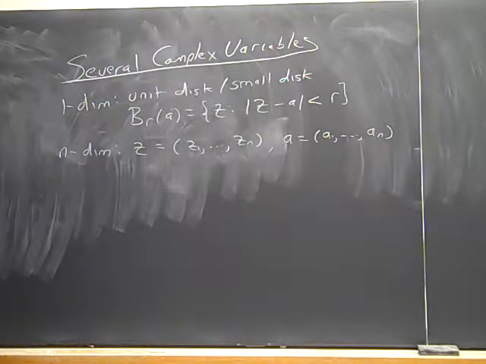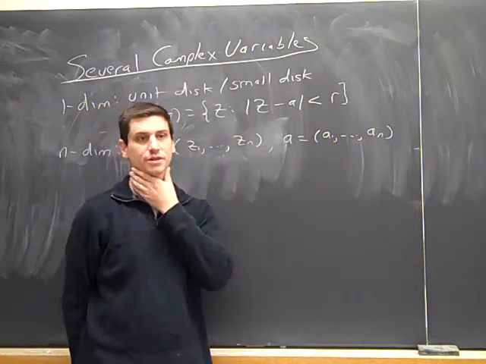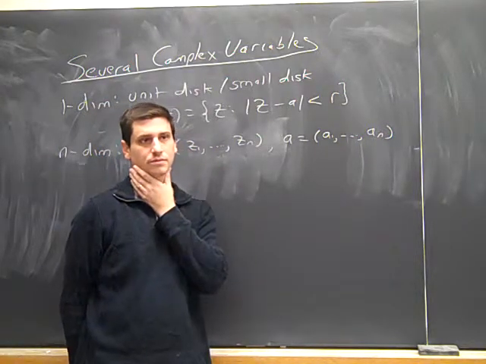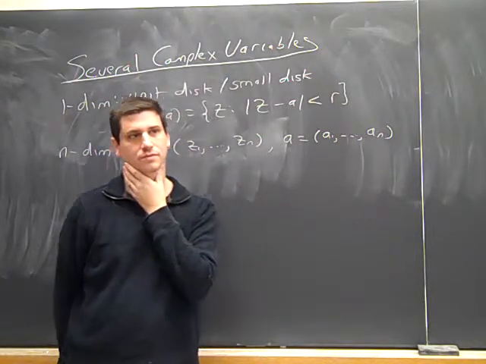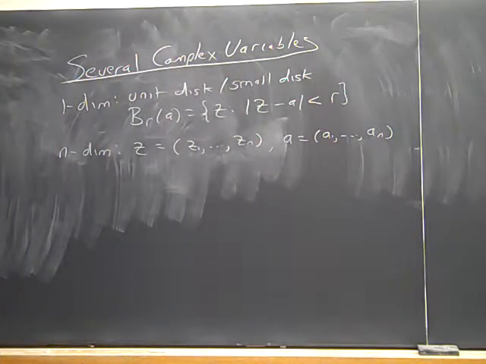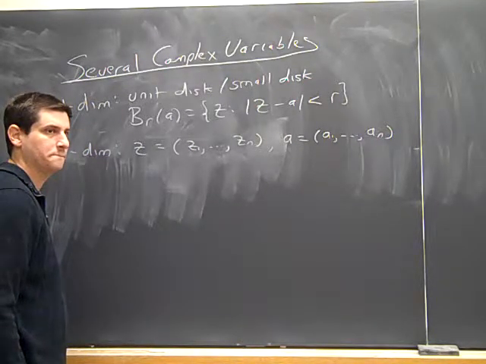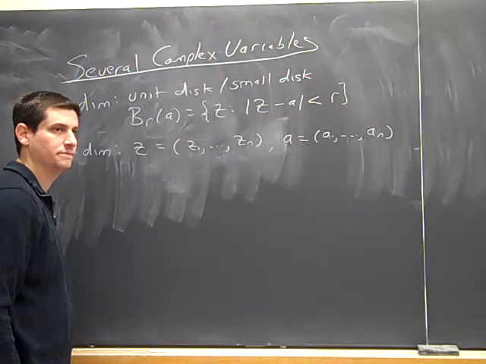So one possibility would be the sphere. How would I define the sphere? The absolute value of all the complex variables either added or multiplied together is less than that.